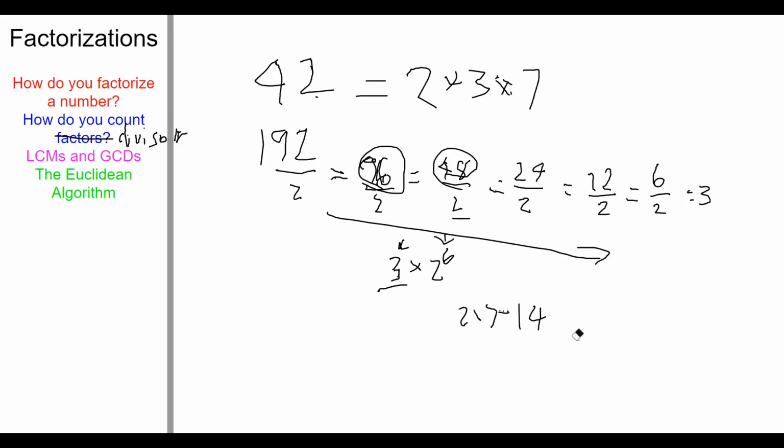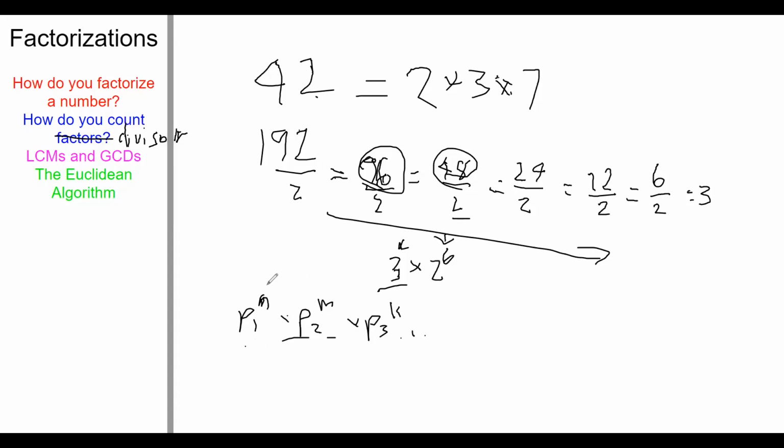More rigorously, if we have any kind of factorization, let's just say it's P1 to the n and P2 to the m and P3 to the k. Without loss of generality, let's say that there are 3 prime factors, and this generalizes to any number of prime factors.